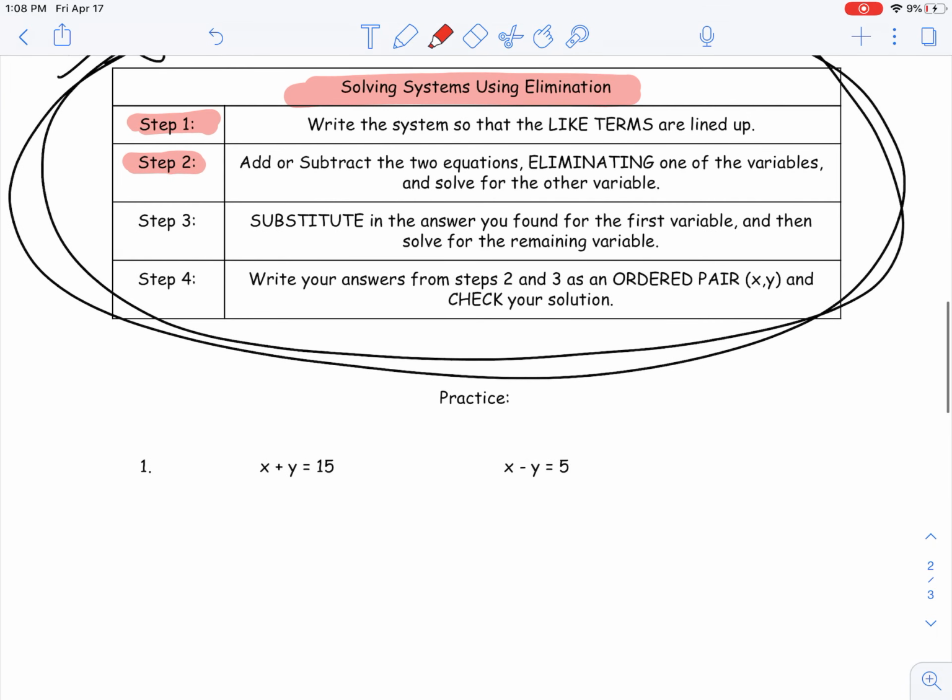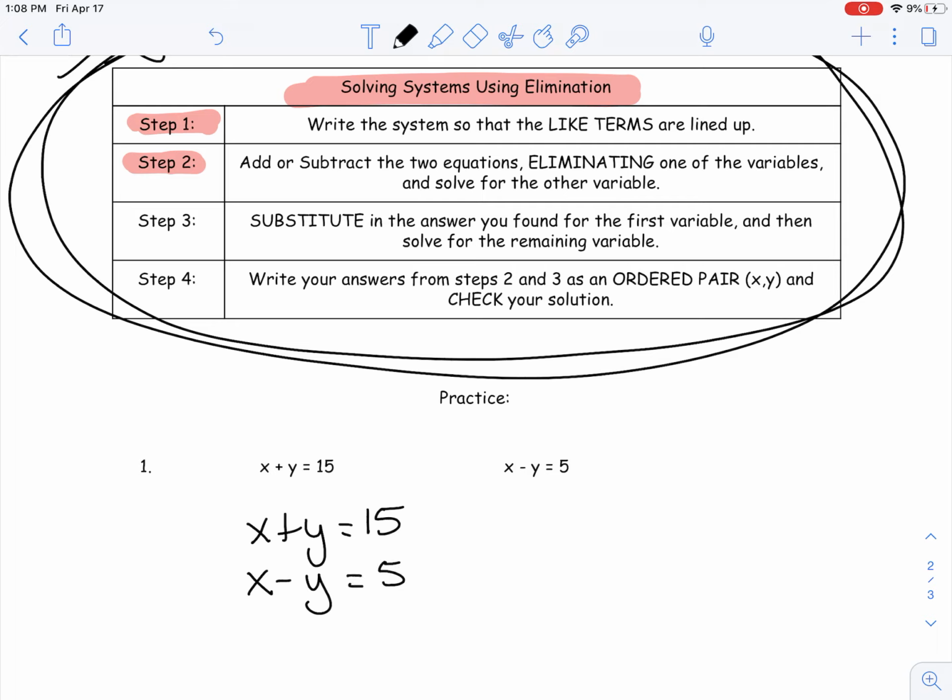I'm going to do 2 more examples with you. X plus y equals 15 and x minus y equals 5. So step 1 says to make sure the systems are lined up. So I'm going to rewrite it as x plus y equals 15 on top of x minus y equals 5.